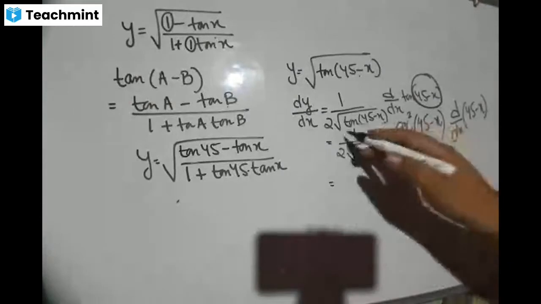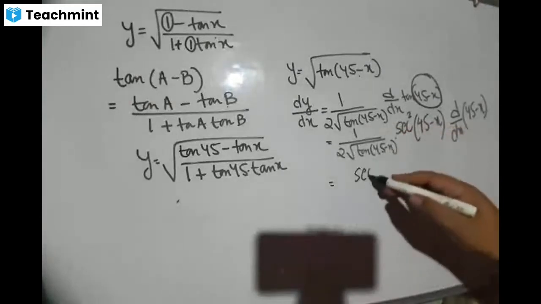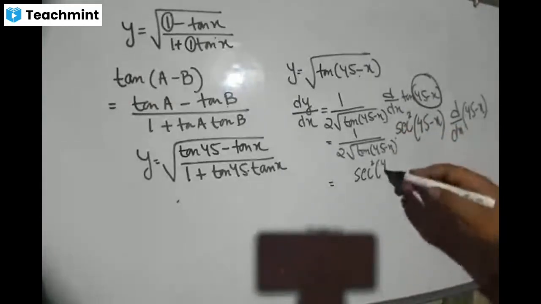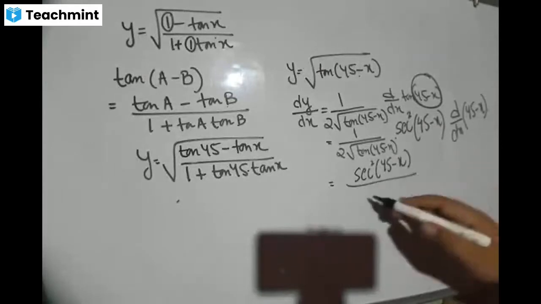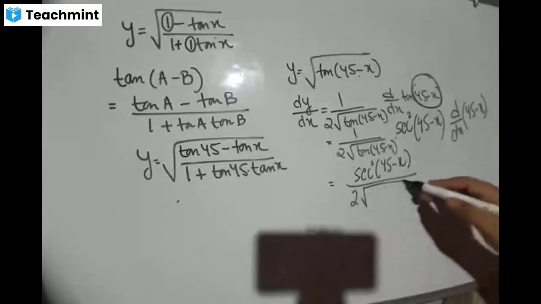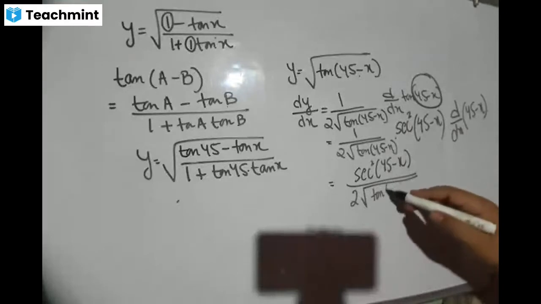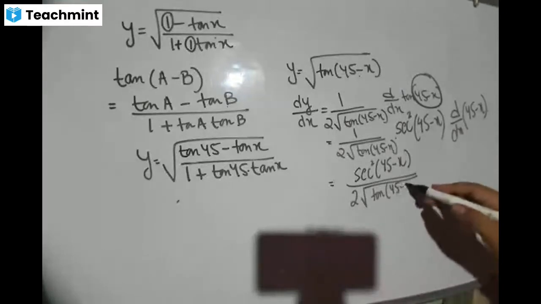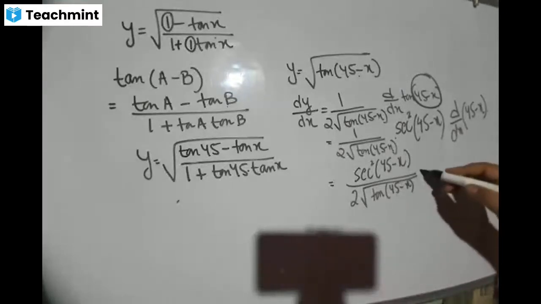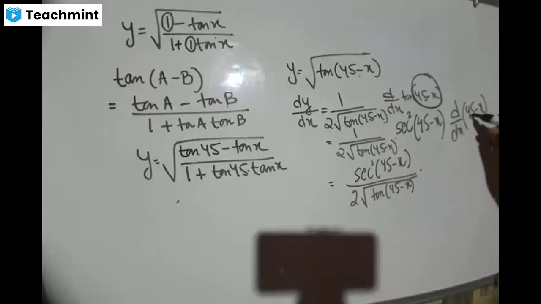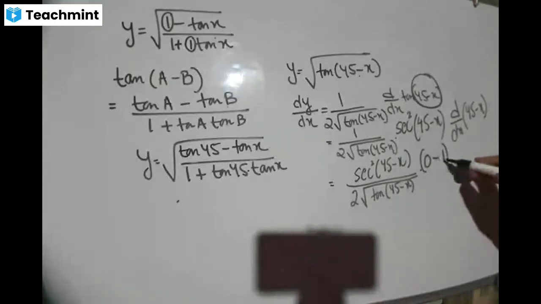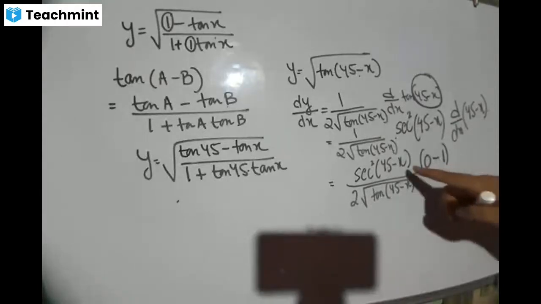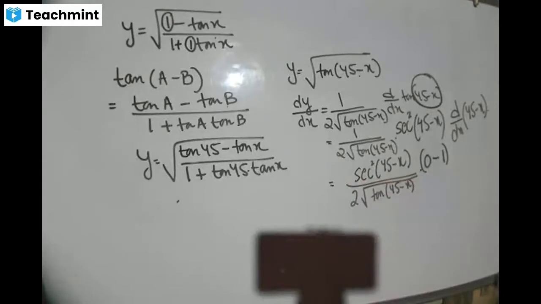See everyone, when you multiply, you get sec square(45 minus x) divided by 2 under root tan(45 minus x) into, derivative of 45 is a constant, so derivative of 45 is 0, minus derivative of x is 1. So 0 minus 1 is minus 1. Minus 1 into this will give you a minus sign in front.